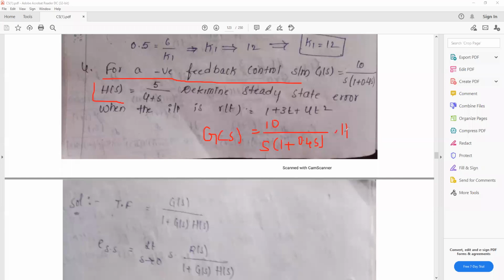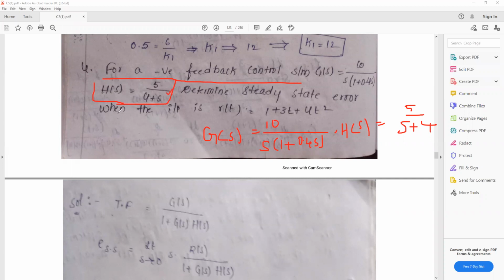H(s) is equal to 5 by (s plus 4). So here a unity feedback control system is not given. There is another feedback, H(s) is equal to 5 by (s plus 4).